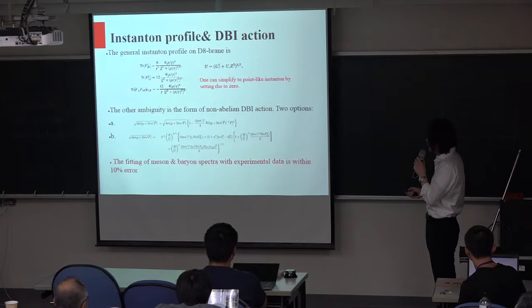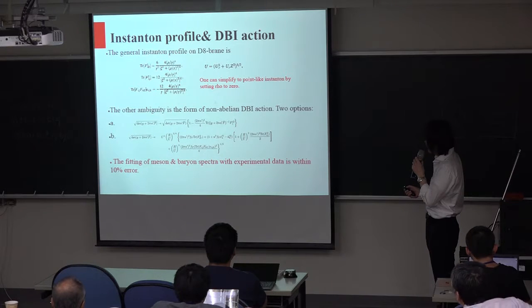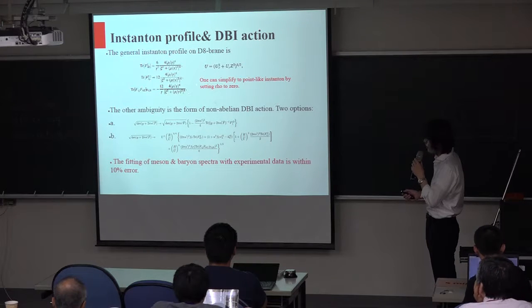from this picture. So we are considering this instanton profile, where rho is the instanton size, and we could restore the point-like instanton case by setting rho to 0. But you should be careful because you have to consider some of the delta functions.